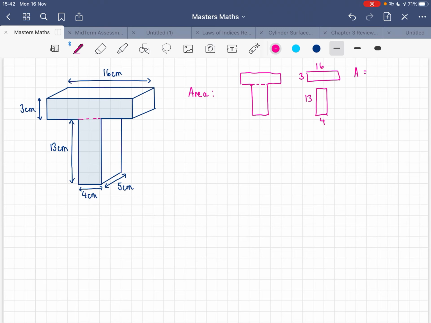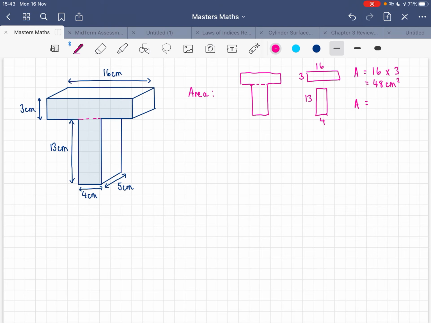So the area of the T, to get the area of the first rectangle, we would do 16 times 3, because it's just a rectangle, so we just do length times width. 16 times 3, oh goodness, I don't need my calculator, it's 48. Again, this is still area, so it's 48 centimetres squared.